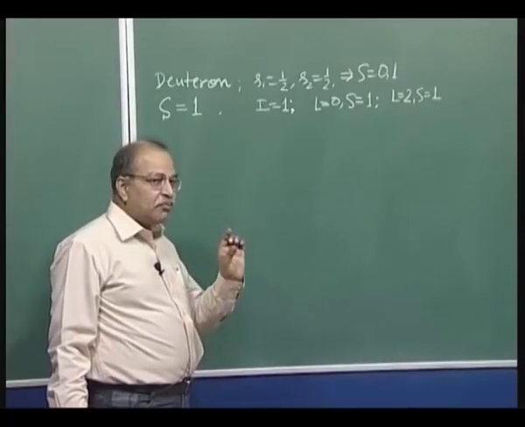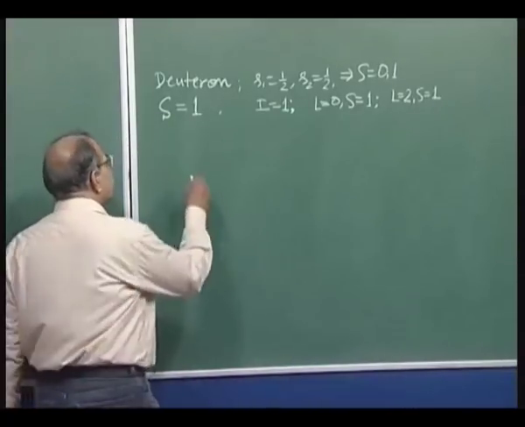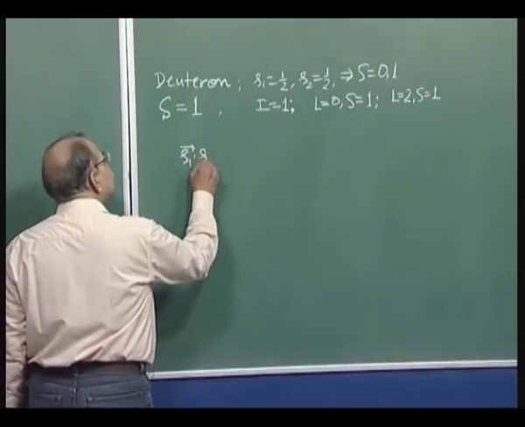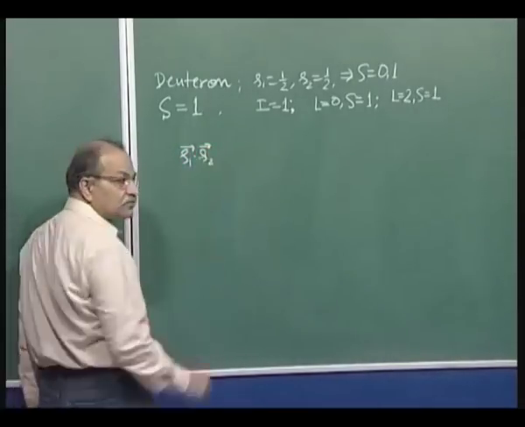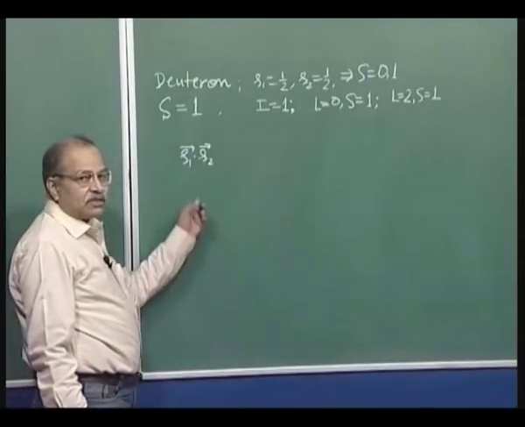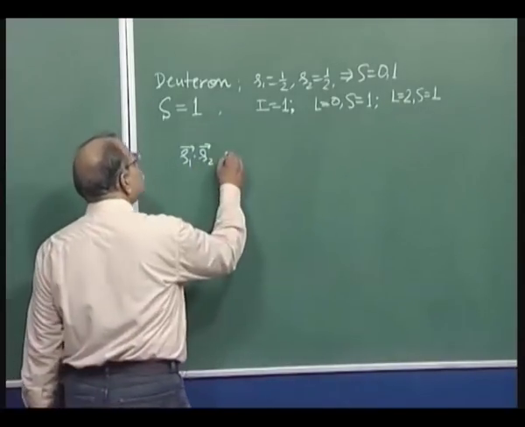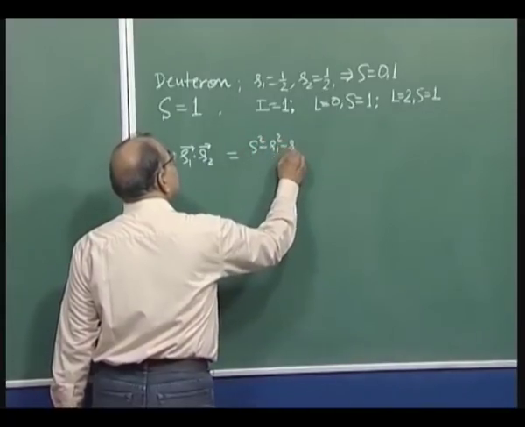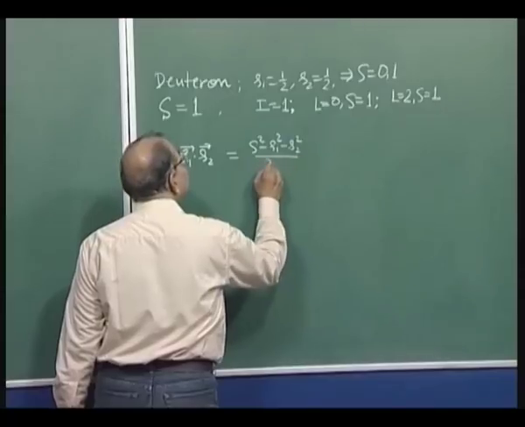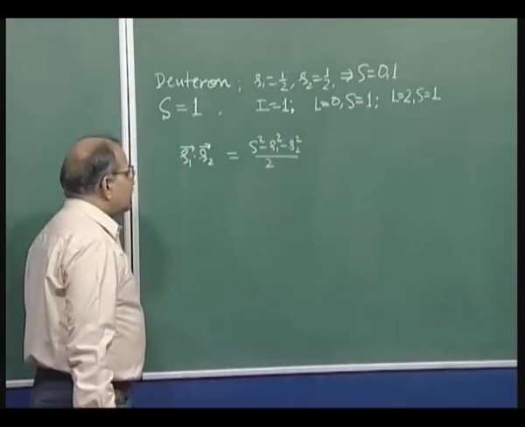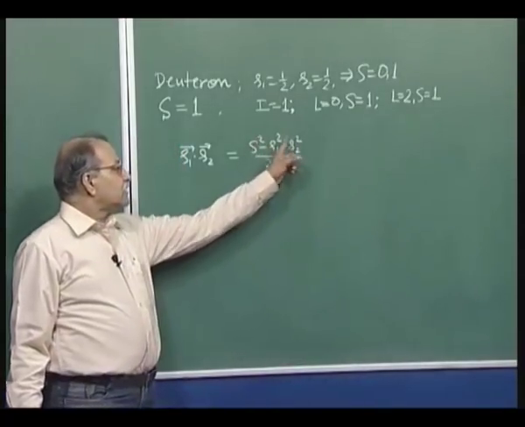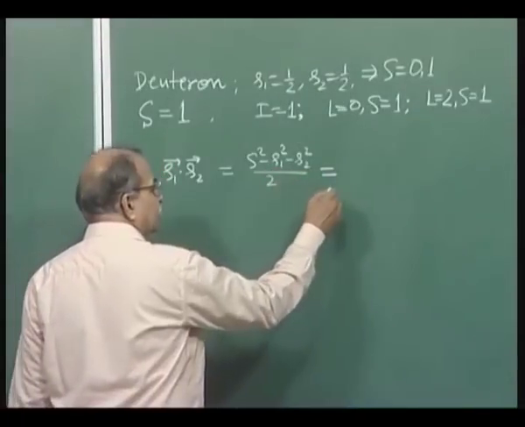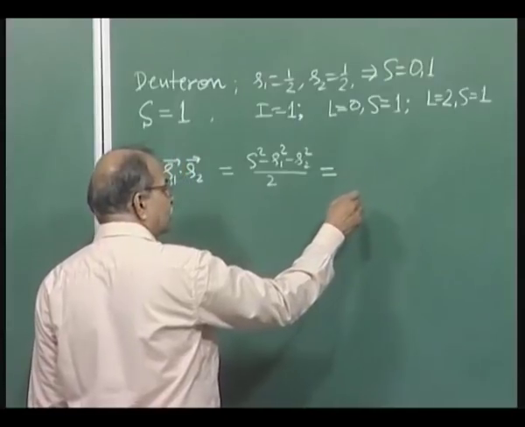Since here it is all the time S equal to 1, that tells that it is spin dependent, and then for the spin dependent part, one suggestion was to include a term which contains S1 dot S2, right, because if you evaluate this S1 dot S2, which is S square minus S1 square minus S2 square by 2, these things are fixed, these things are definite, and so for S is equal to 1 and S equal to 0 they will be different.